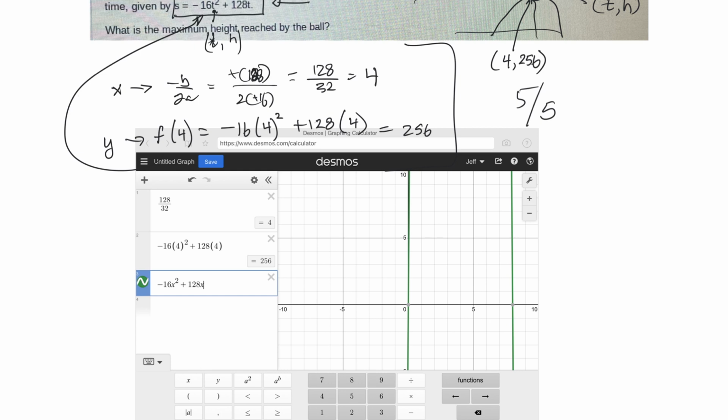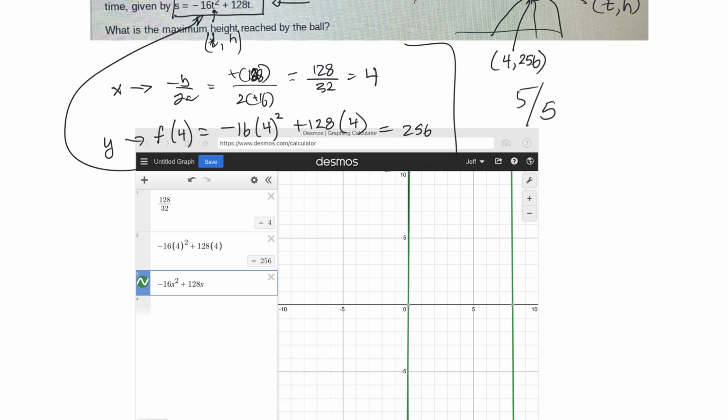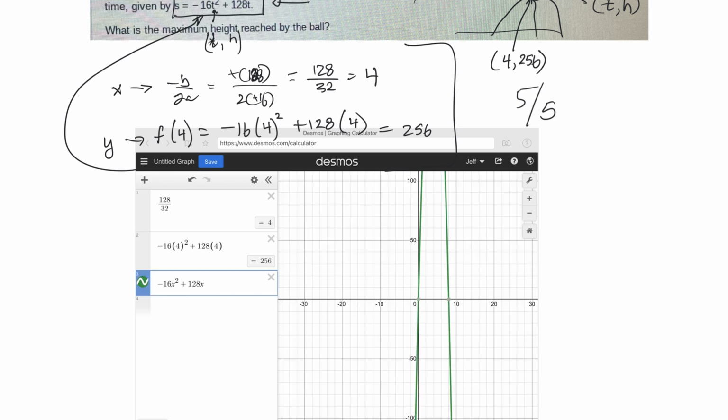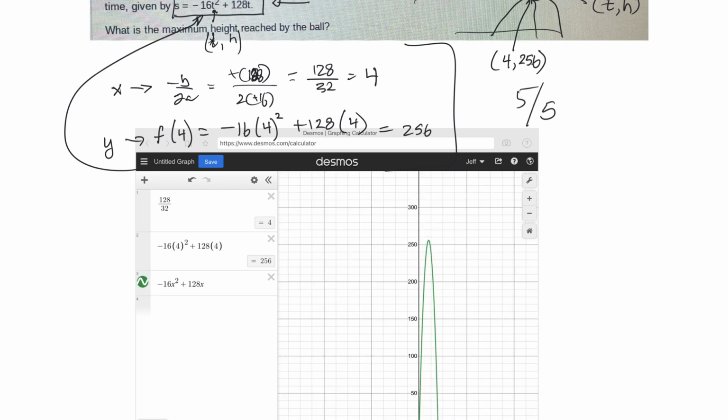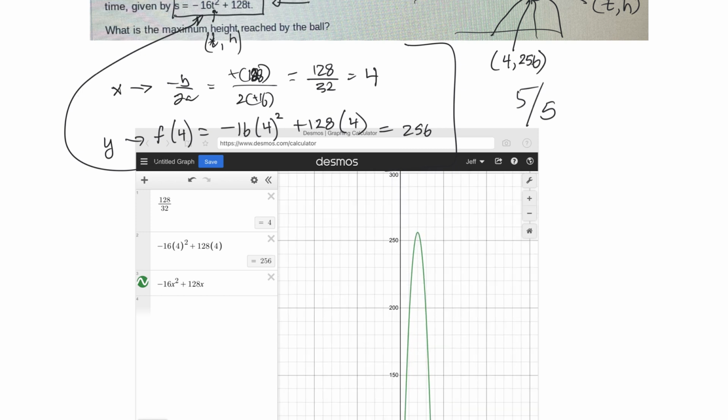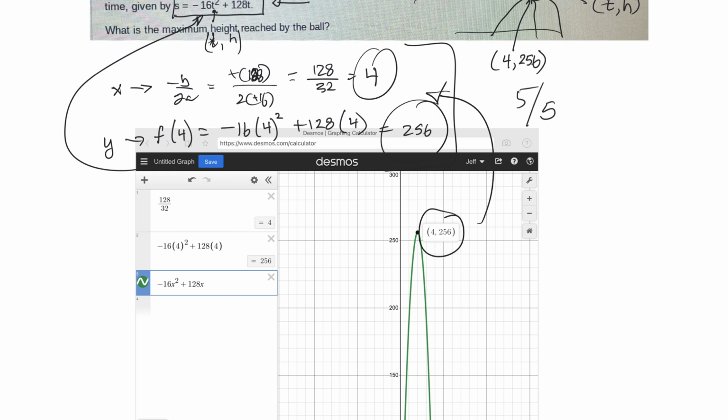There we go. So I've got a parabola here. Let me shrink things a bit. Right there, and the vertex up there is 4 and 256. Exactly what we thought. So this confirms what we did mathematically.